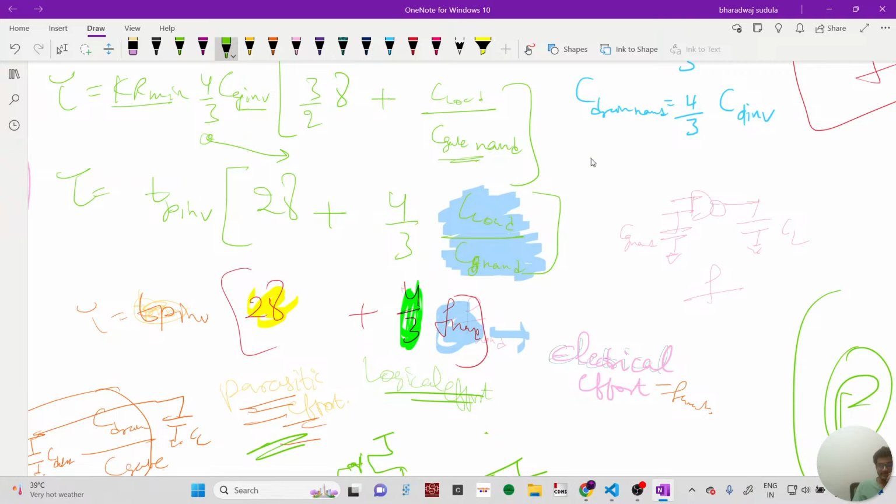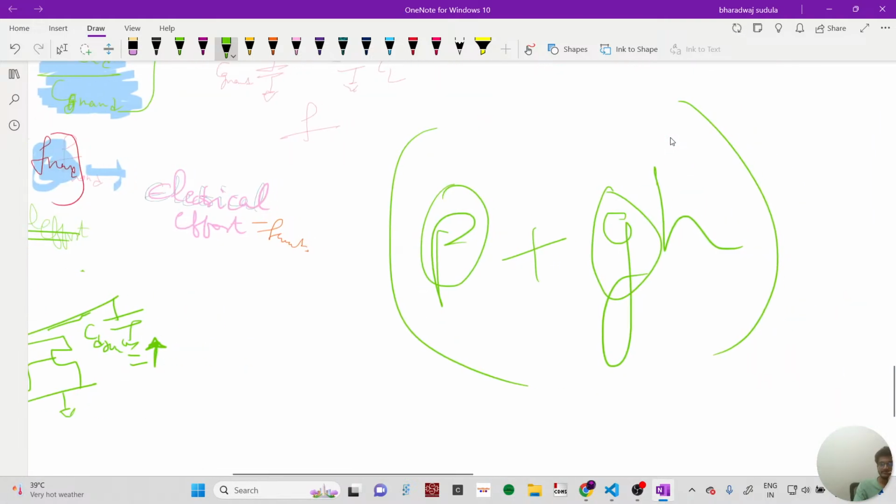Electrical effort, fan out, changes actually. C load by C gate cap, right? C load doesn't depend on the width sizing of the gate, but C gate does. So fan out actually reduces if you size it by W. That I forgot to mention.